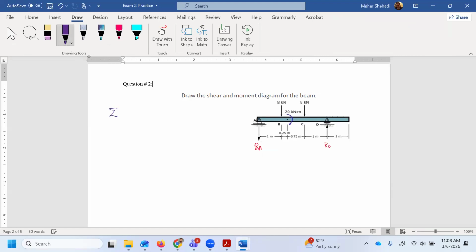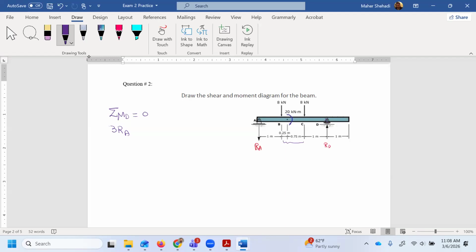Start with the moment. I'll take it about one of the two supports. Again, those two are parallel, so it's equal to 0. It'll have RA, it would go in the positive, so 3RA. This is also 1 meter, 1 meter, so that's 3 meters all the way to this point, and clockwise, so it's positive 3RA.